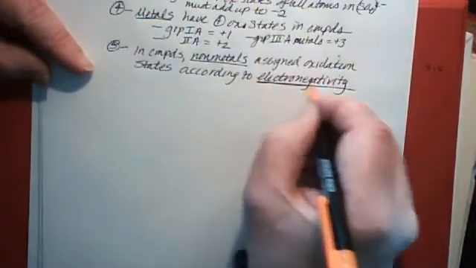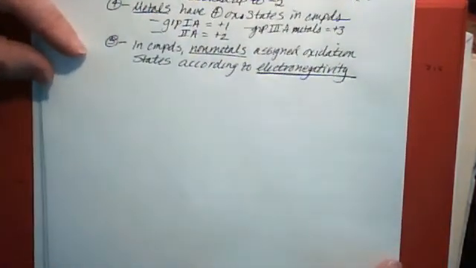And that hierarchy is directed by a property known as electronegativity.